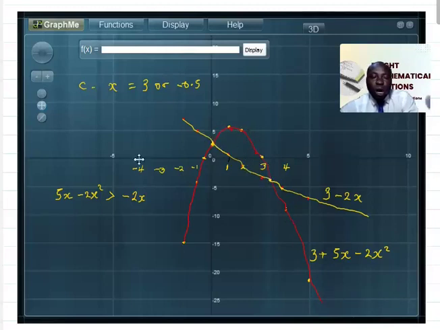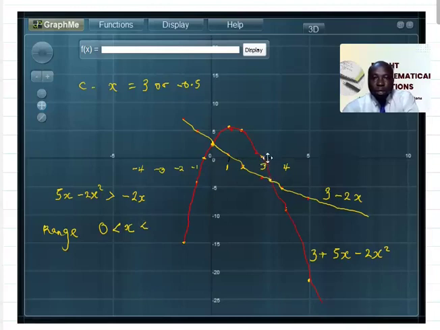So our solution, the range, will now be 0. The value of x here, where the first meet is 0, is less than x less than, what is the value of x here?